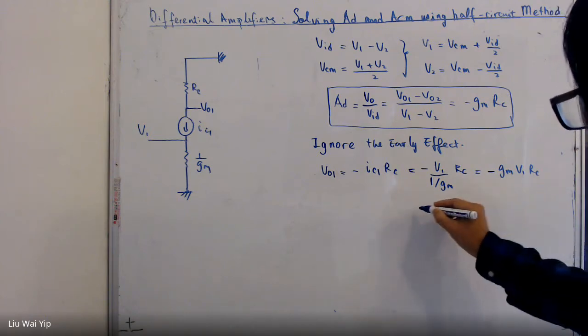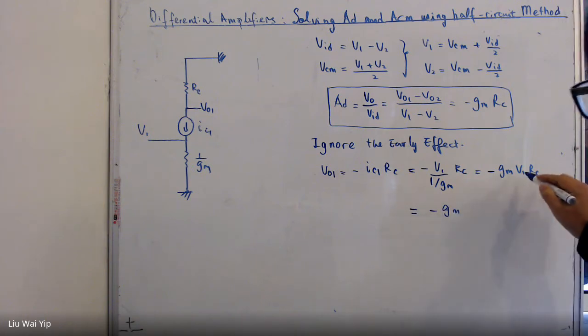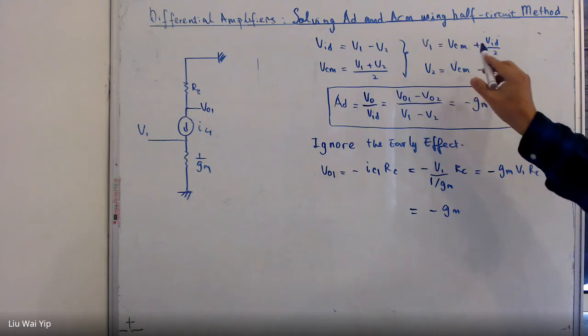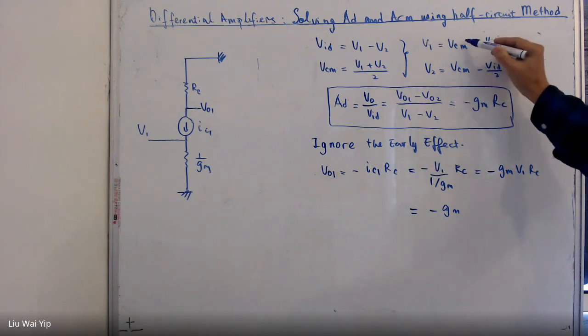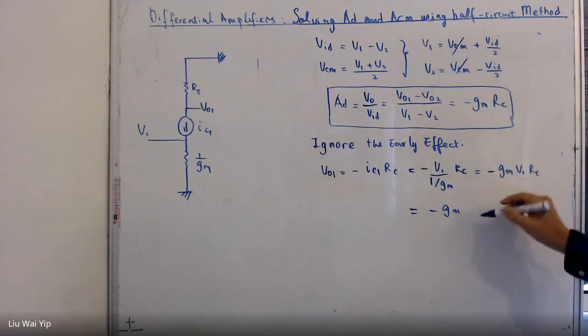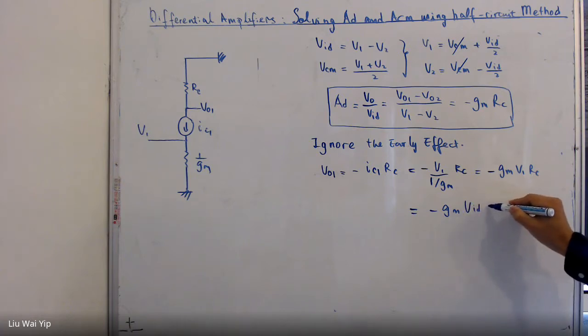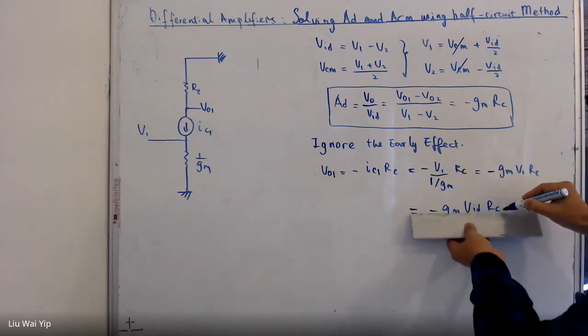Minus gm, and then V1 is equal to, assuming that this one is 0, VID divided by 2. So VO1 is minus gm RC VID divided by 2.